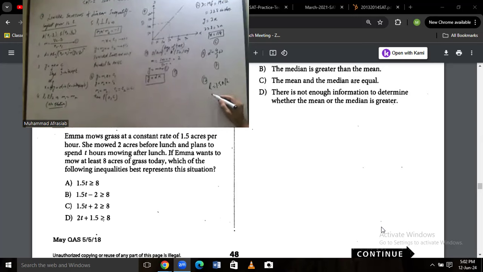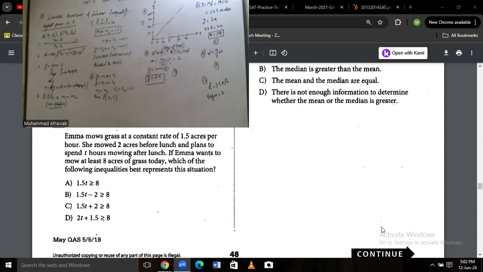So she has mowed 2 acres before lunch, and after lunch she spends t hours, and at least means it should be greater than or equal to 8.